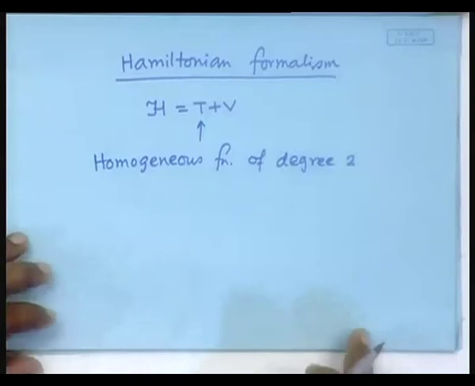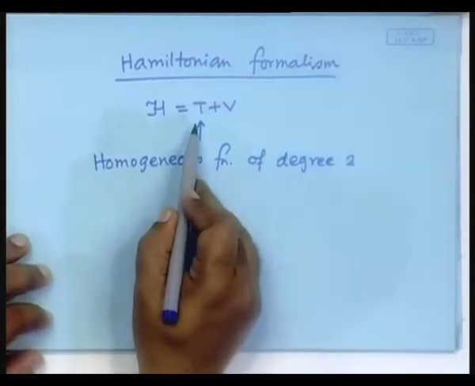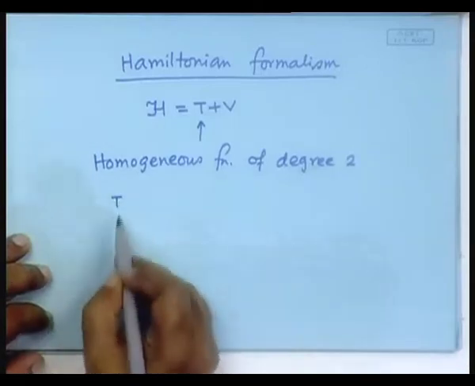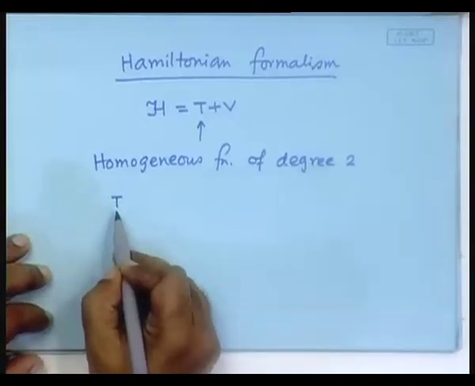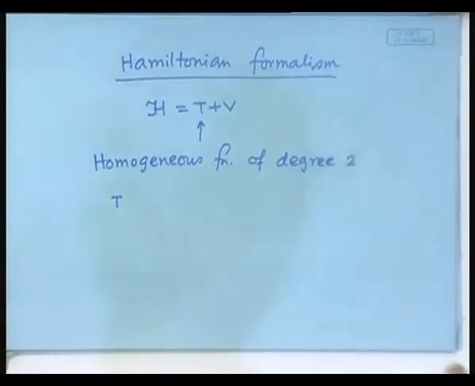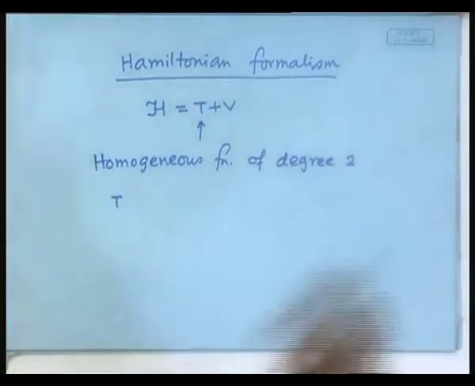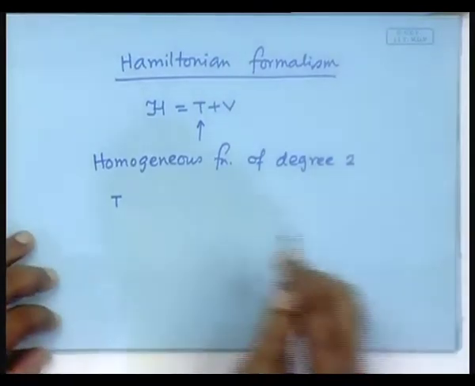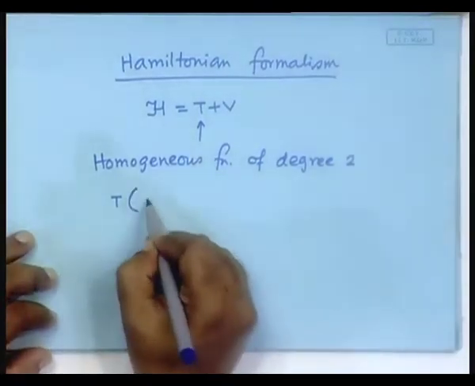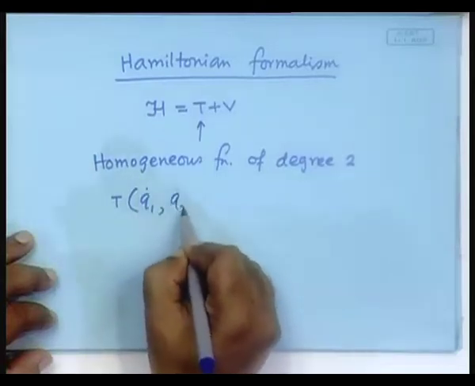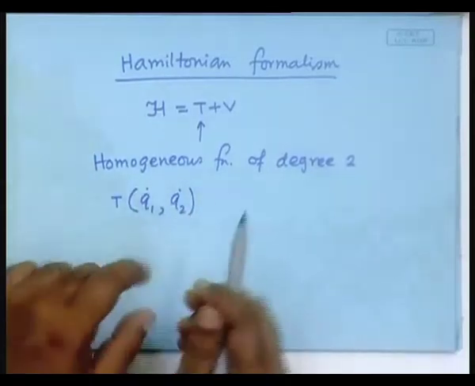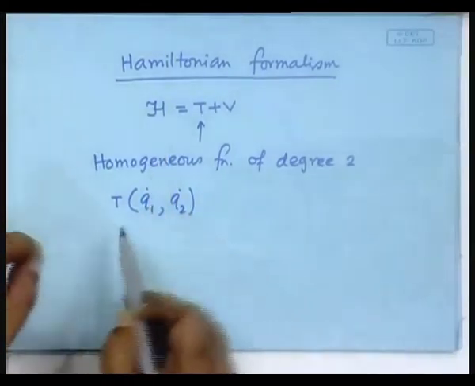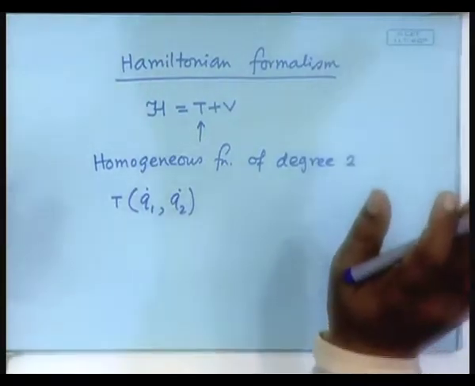Suppose it is a 2 dimensional system, T is a function of q1 dot and q2 dot, right. So, there are 2 variable velocity terms, q1 dot and q2 dot, and T is a function of that.